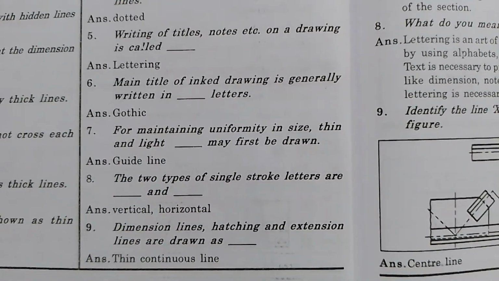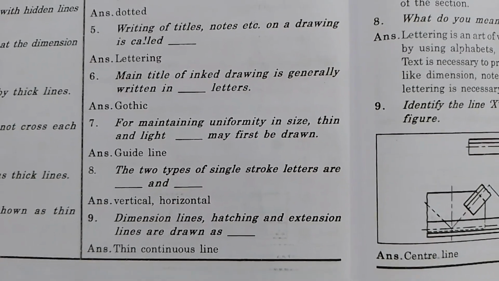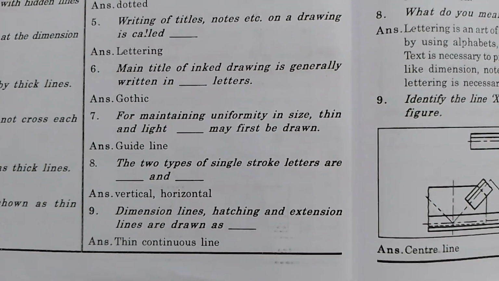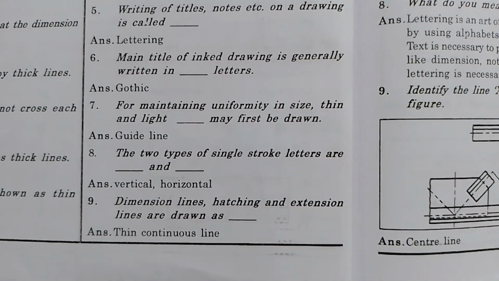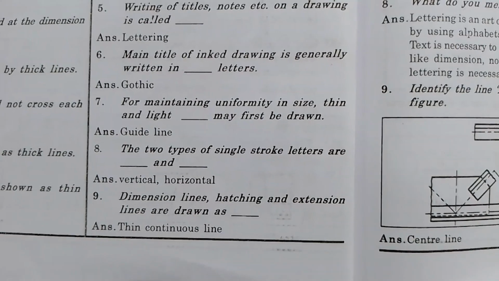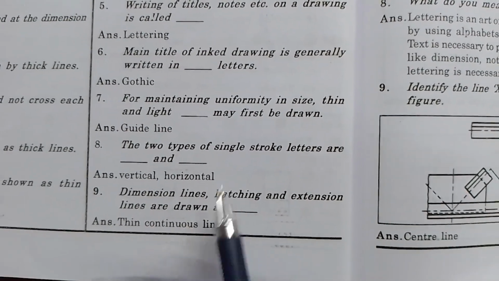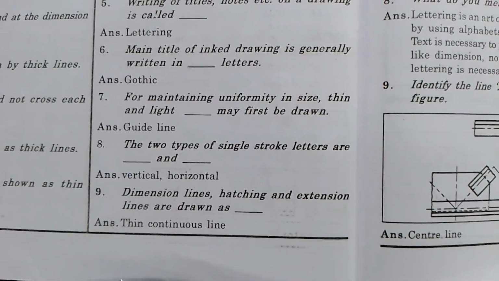For maintaining uniformity in size, thin and light guidelines may first be drawn. The two types of single stroke letter writing are vertical and inclined, as we have already discussed. It depends upon the option: Gothic, Roman, italic text.